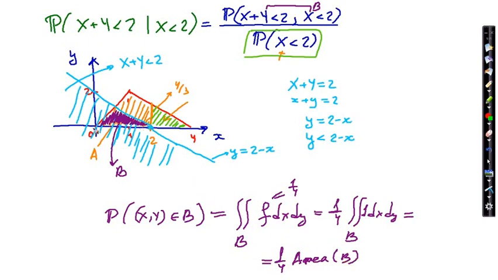B is a triangle, we have the base is 2, and we need to calculate the height, and I'm suggesting you calculate that height. That is not so hard.